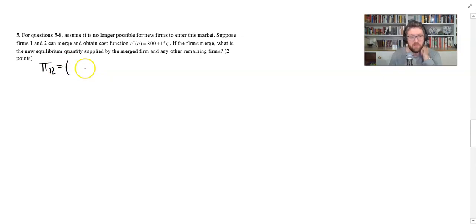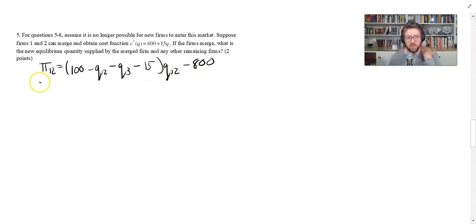The profit is the price, 100 minus the quantity supplied by firm 1,2 and firm 3, minus their lower marginal cost of 15, times the quantity Q1,2, minus their 800. So we take the derivative with respect to firm 1,2's quantity, and you've seen this enough that you may have noticed the pattern. I'm just going to jump straight there.